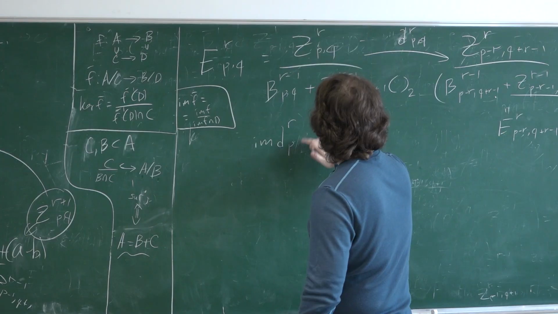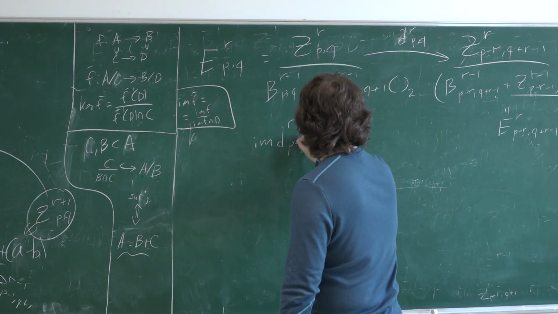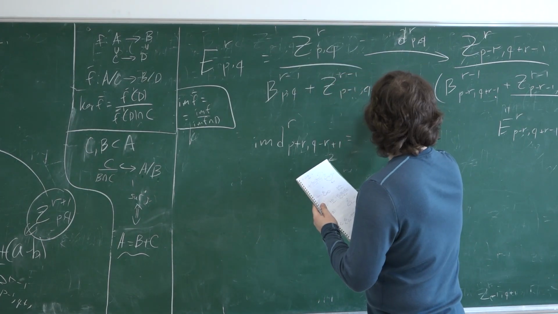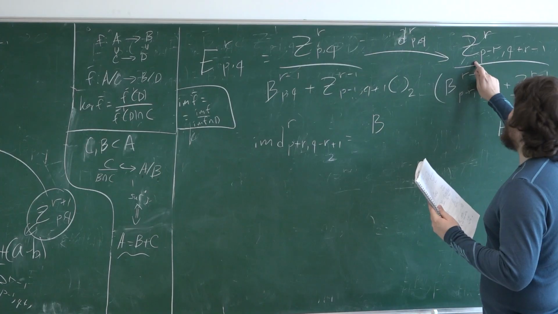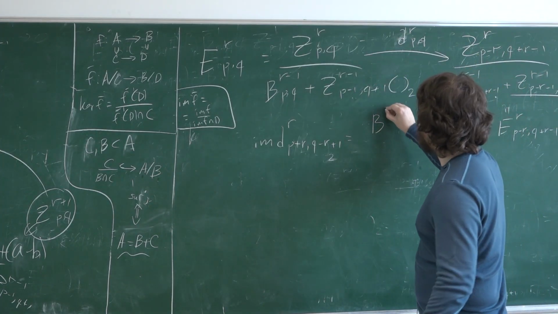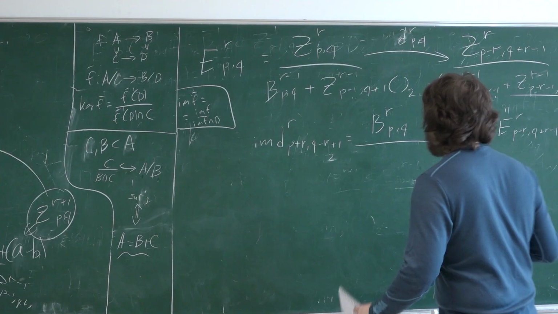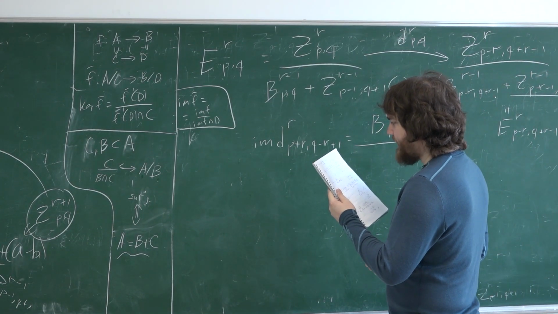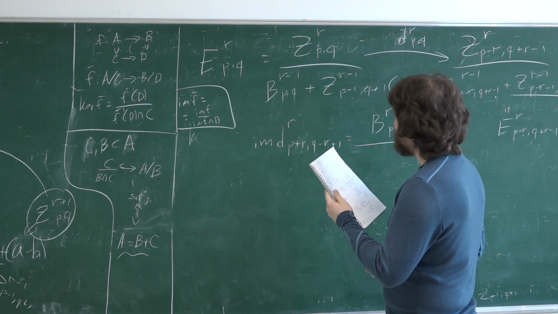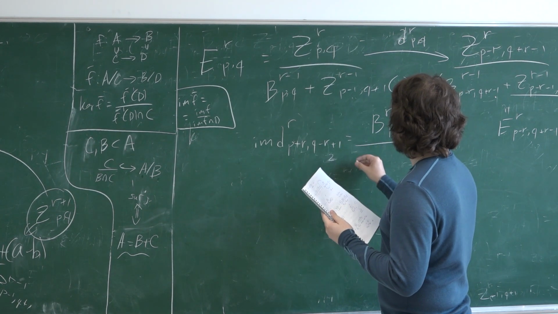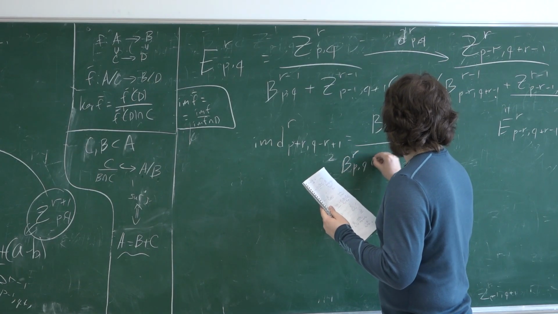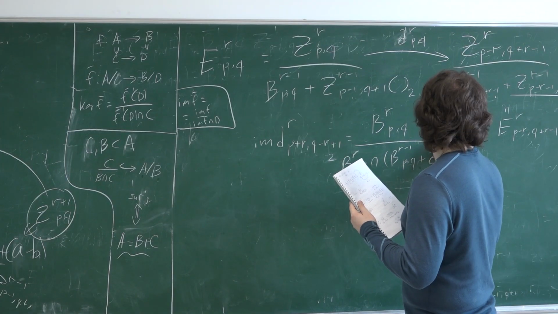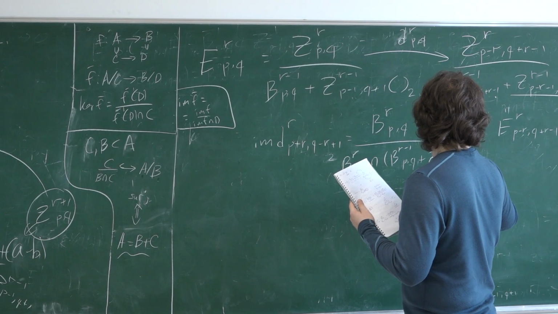No, okay, let's consider the image of the previous differential, R minus R plus 1. Its numerator is by definition some B, B R P Q in fact. And modulo its intersection of this image with this quotient, so it's B R P Q modulo the intersection with this thing, R minus 1, R minus 1, Q plus 1.